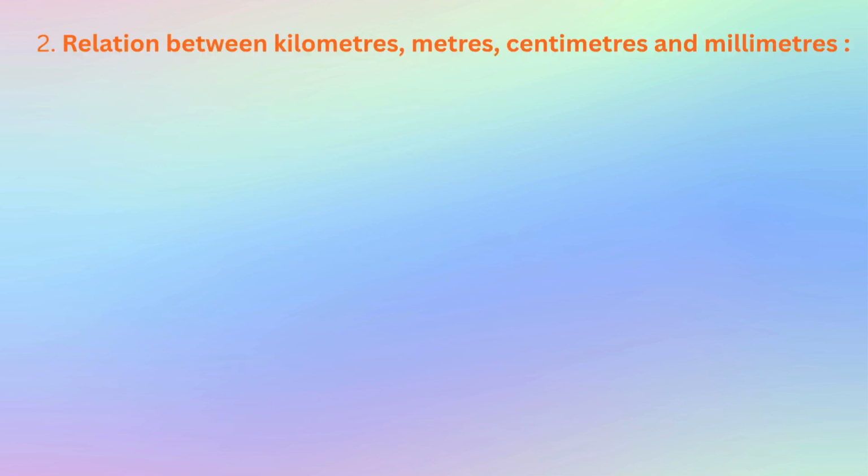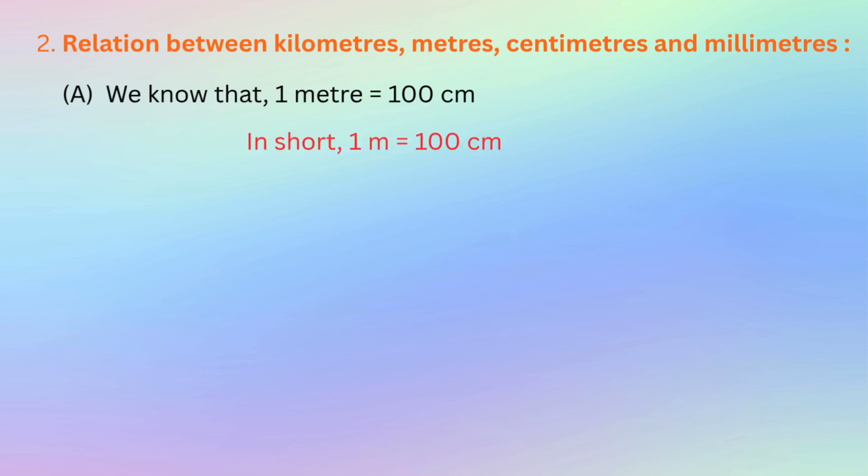2. Relation between kilometers, meters, centimeters and millimeters. A. We know that 1 meter equals 100 centimeters. Therefore 1 centimeter equals 1/100th of a meter equals 0.01 meters.